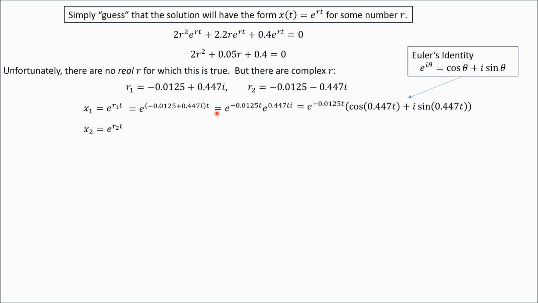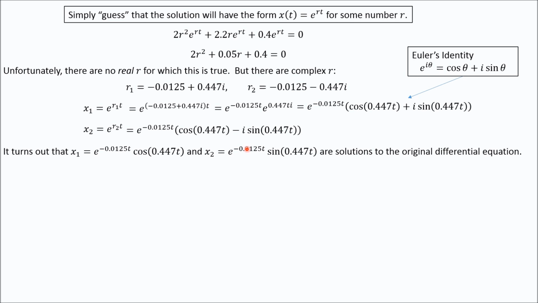dealing with the second root the same way, we take the real part and deal with the imaginary part using Euler's identity. The only thing that changes is now we have minus 0.447 instead of positive 0.447. So we have this, and now something wonderful happens.